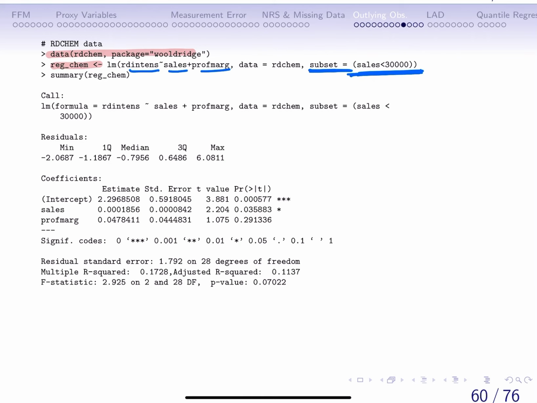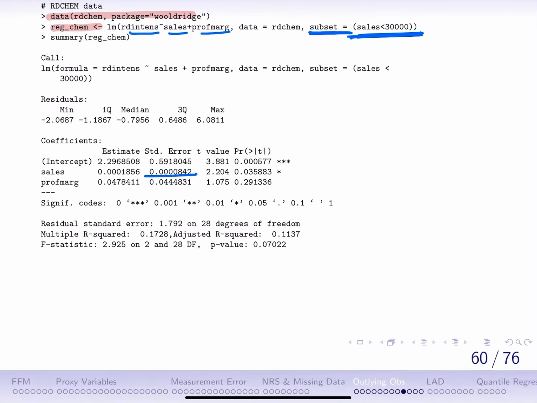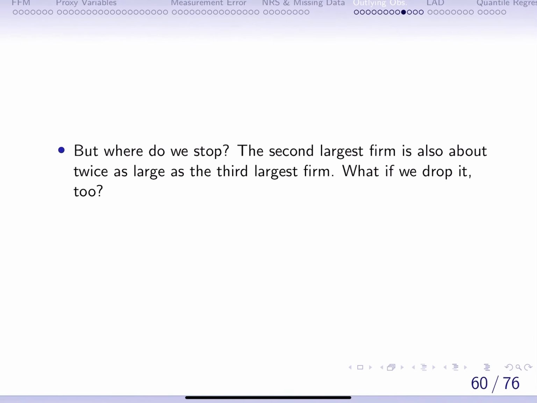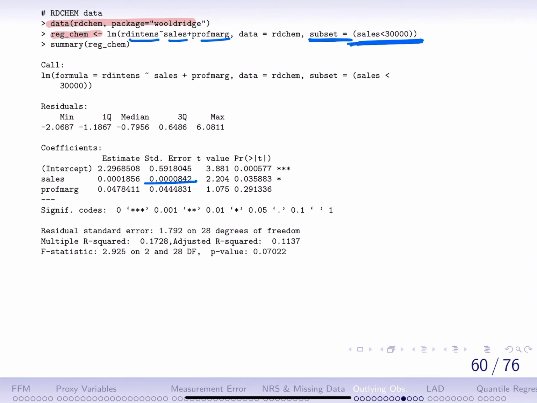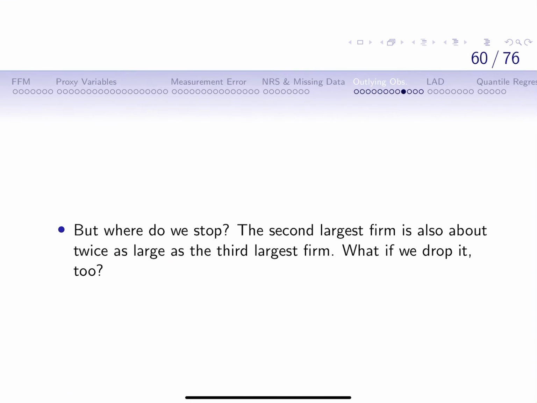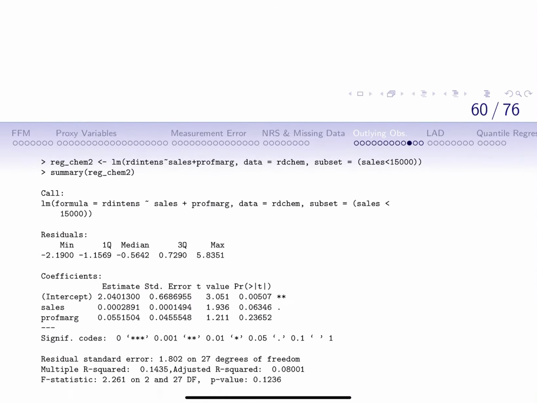And so you can summarize it and see what the coefficient is here on sales. And this is pretty much flat. You want to probably try to understand where to stop. If you want to drop the second largest firm, you can even try that.